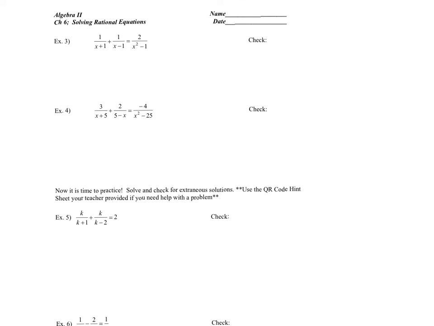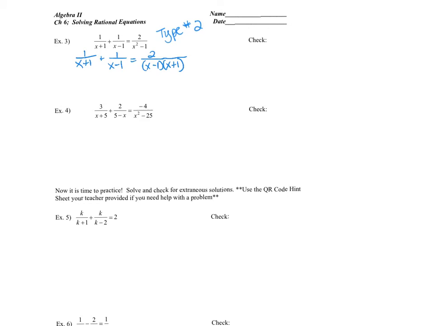So again, I have a sum of two rational expressions set equal to another. So again, this is type 2. So I'm going to have to find an LCD. And we'll find that by making sure that all of the denominators are factored. So this last expression becomes x minus 1 times x plus 1.